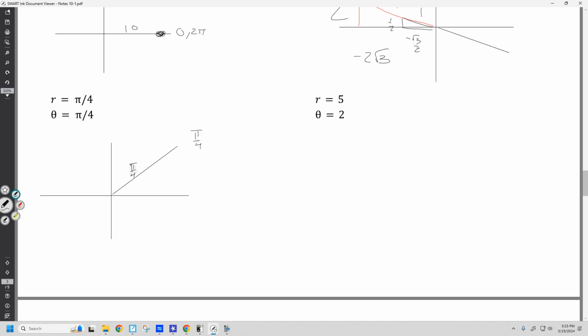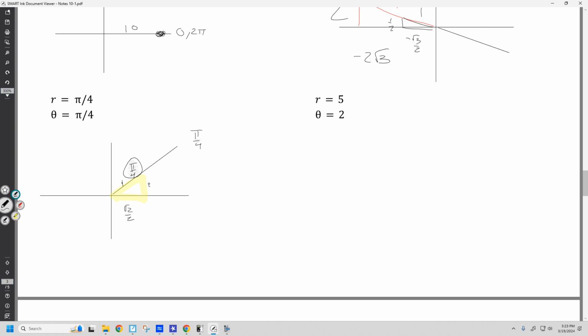Well, look, I'm showing you. What we can do is take our unit 45, 45, 90 triangle, and scale it by this new radius of pi over 4. What does that look like? It's not going to look pretty, but it's going to be right.